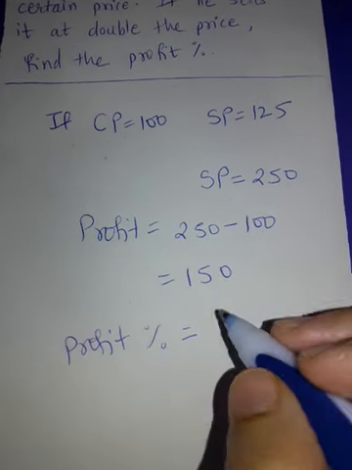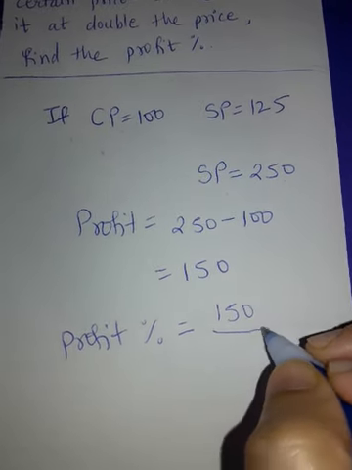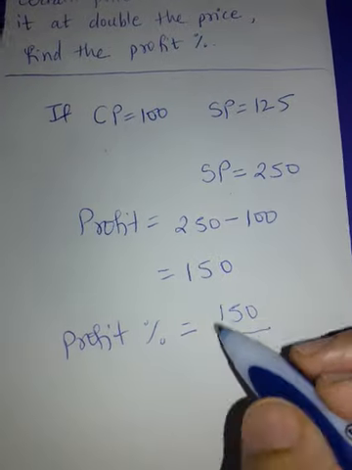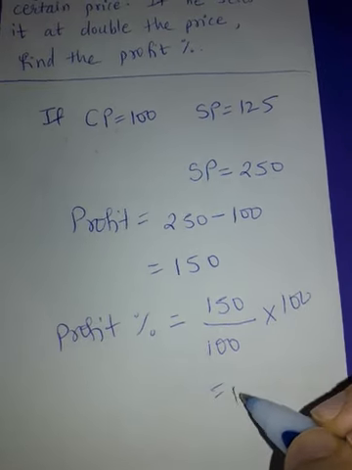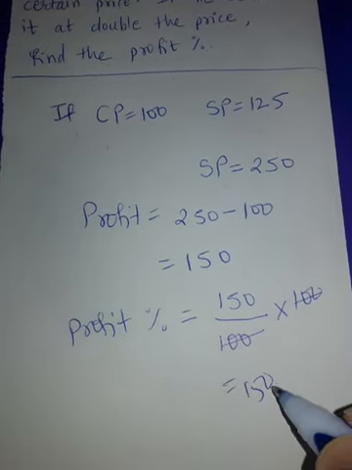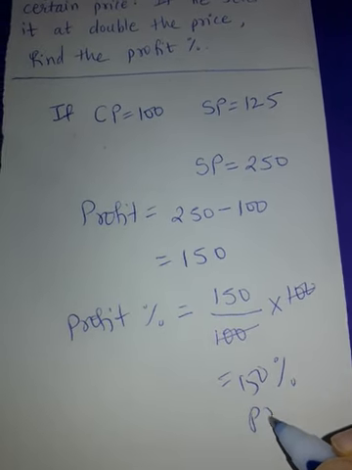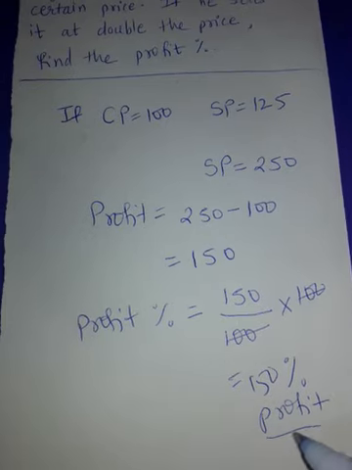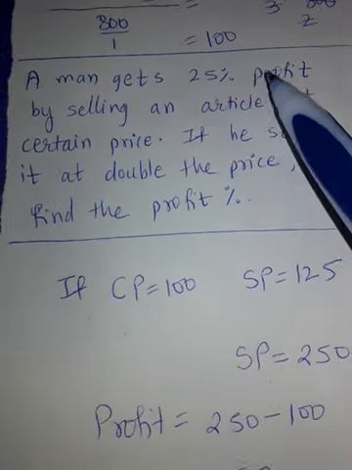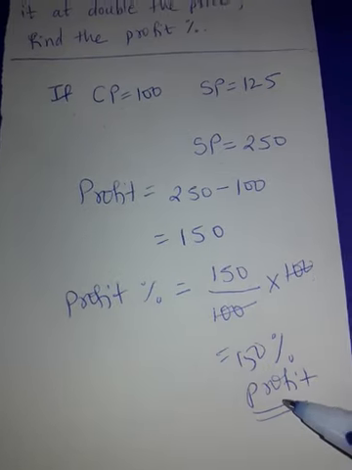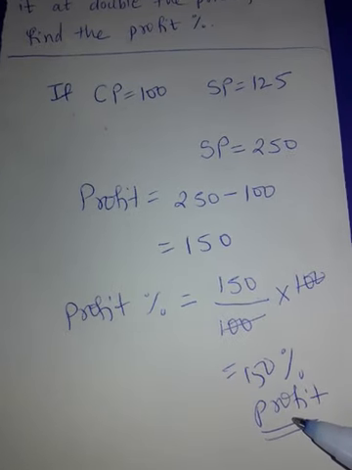Profit percent: profit is 150 over cost price of 100. So it is 150% profit. Got it? So 25% profit now becomes 150% profit.